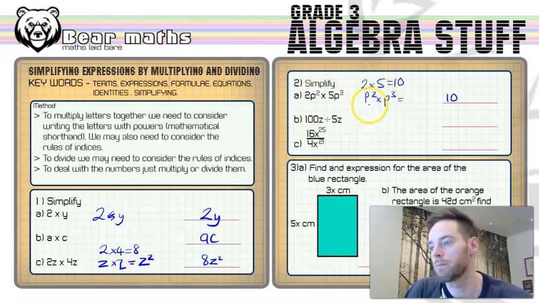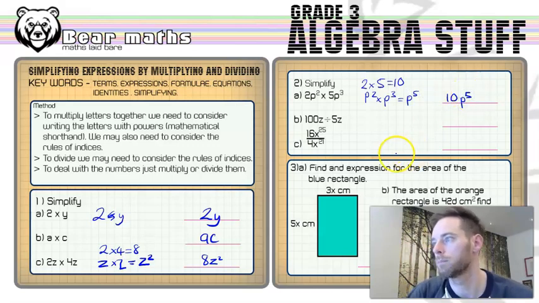You've got p and p, and then you've got 2 and 3, and 2 plus 3 is 5 because you're allowed to add the powers. That's our rule there. And again, watch that video of powers from the number section if you don't know what I'm talking about. So p to the power of 5 is the letter bit simplified with our power.